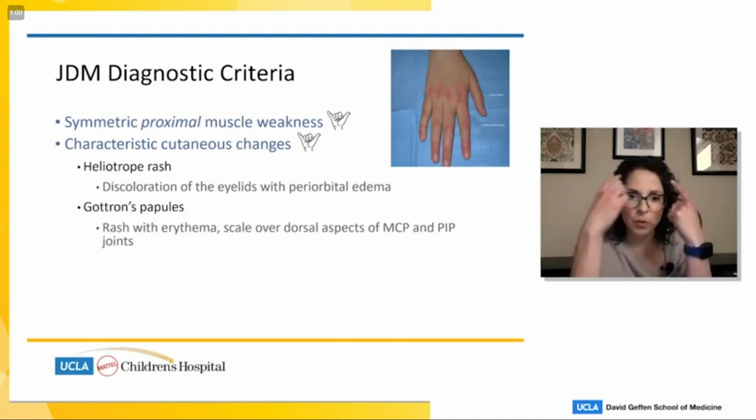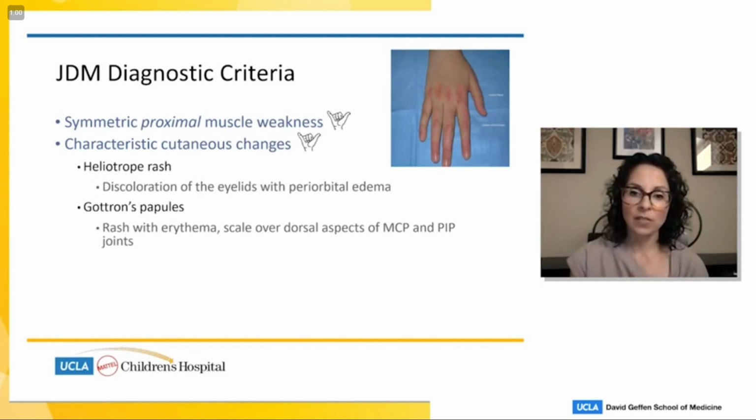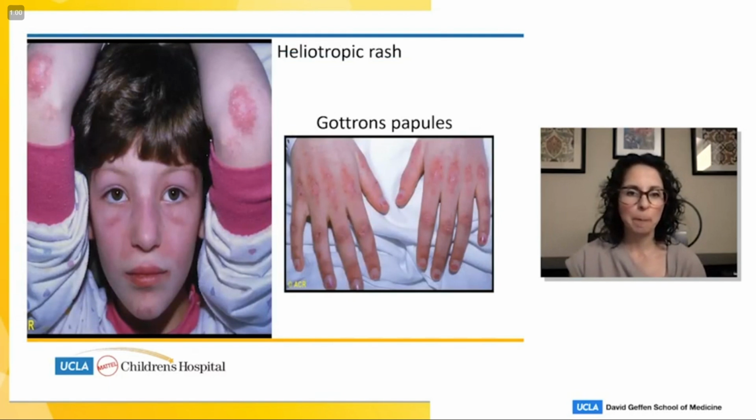The classic heliotropic rash, which involves discoloration of the eyelids and even periorbital edema, as well as the Gottron's papule, which I have a nice picture following here. The heliotropic rash essentially reveals this purplish rash.